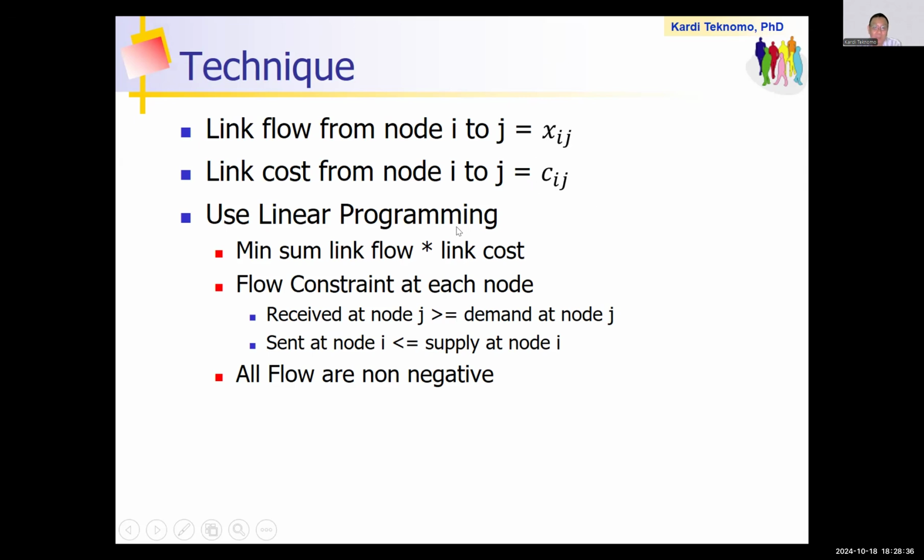Then we use linear programming, using Solver, to minimize the sum of link flow multiplied by the link cost, subject to the constraint of the flow. What is received at node j must be larger than the demand, and what is sent at node i must be less than the supply. And all the flow must be non-negative.